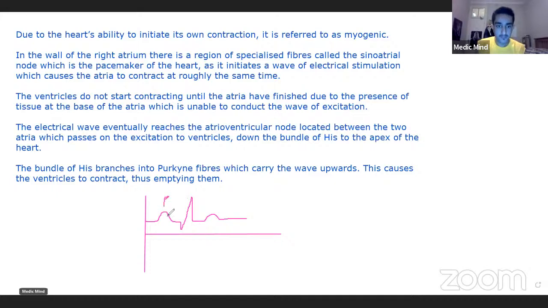So this P wave is atrial depolarization. It corresponds to atrial systole in the cardiac cycle, but it's basically sinoatrial node stuff. So if you've got a problem with your P waves, you've got a problem with your sinoatrial node. So atrial depolarization is your P wave on your ECG, and it's SAN, and it corresponds to atrial systole.